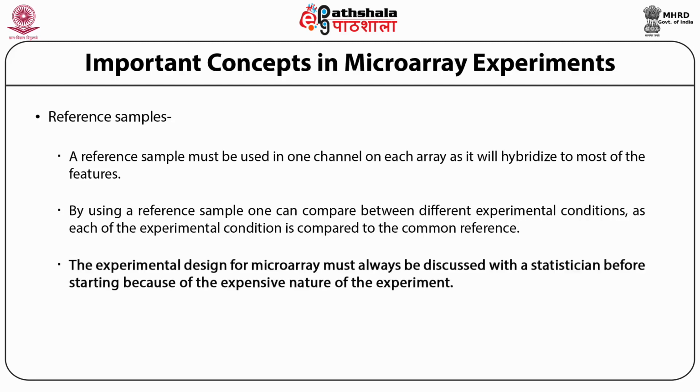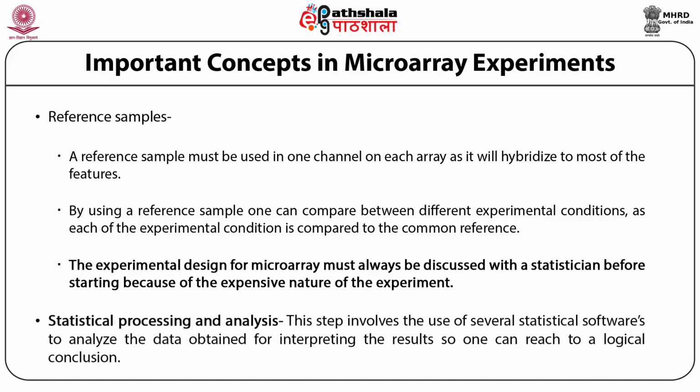The experimental design for microarray must always be discussed with a statistician before starting because of the expensive nature of the experiment. Statistical processing and analysis. This step involves the use of several statistical software packages to analyze the data obtained for interpreting the results so one can reach a logical conclusion.